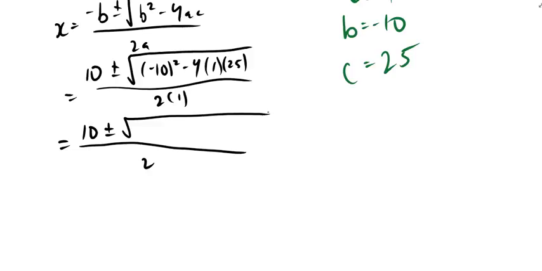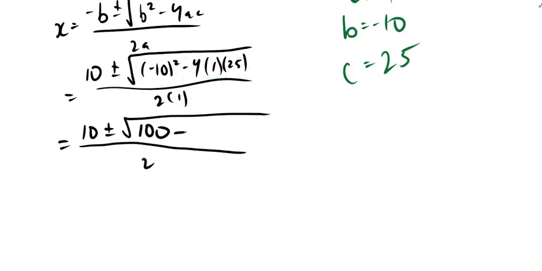Watch. What is negative 10 all squared? 100. I've only got one negative, right? And it's 4 times 1 times 25.